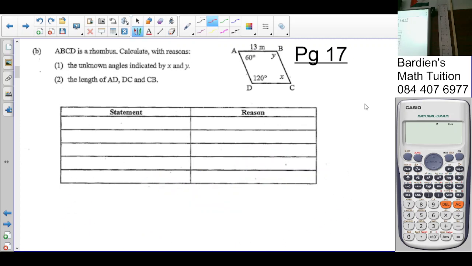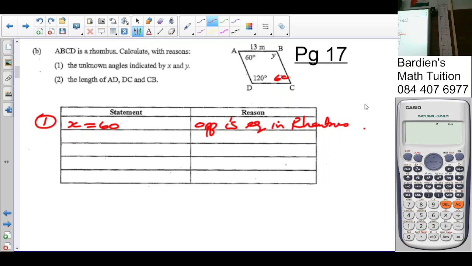Here we go. People, the question says, number 1: the unknown angles indicated by x and y. x is equal to 60. y: opposite angles are equal in a rhombus.